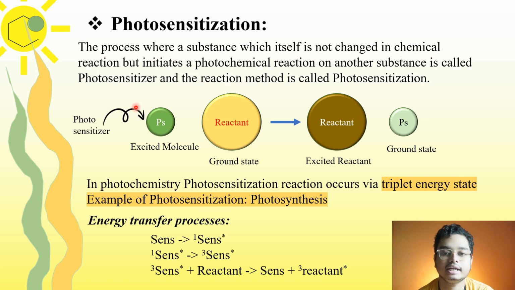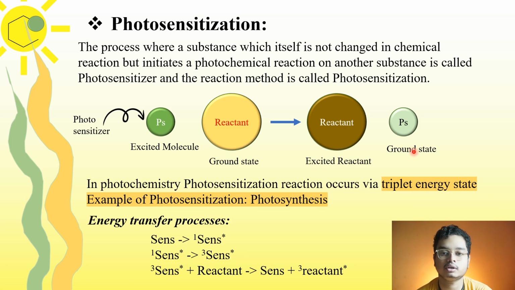Upon irradiating with UV radiation it will get excited, but the reactant was not excited. After it is excited, it will transfer its energy to the reactant to make the reactant excited, and the photosensitizer comes back to the ground state, and it will not change in the chemical reaction. So this is the basic fundamental thing of photosensitization.